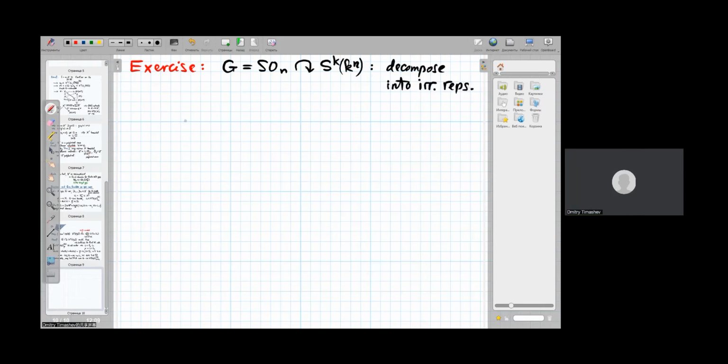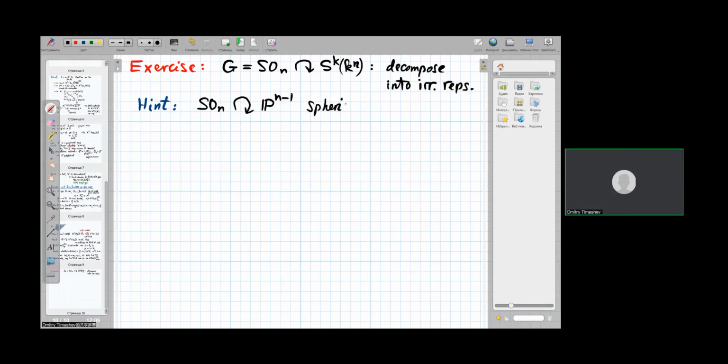And a hint for the solution of this exercise is to consider the spherical action of the group SO_n on the projectivization of this vector space k^n, so on the (n-1)-dimensional projective space.